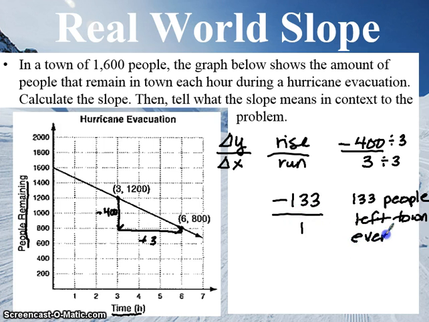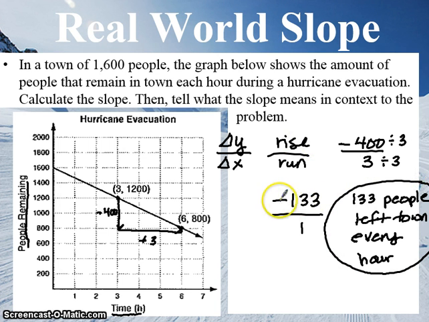Left town every hour. So when you're trying to figure out what slope means in context of the problem, label the numerator or your y value with what y stands for, people remaining. 133 people left, negative 133. And label the x value with the x term, which is 1 hour or every hour.